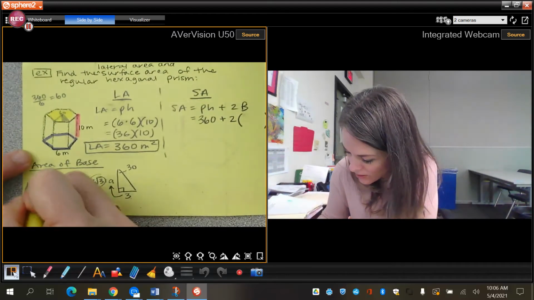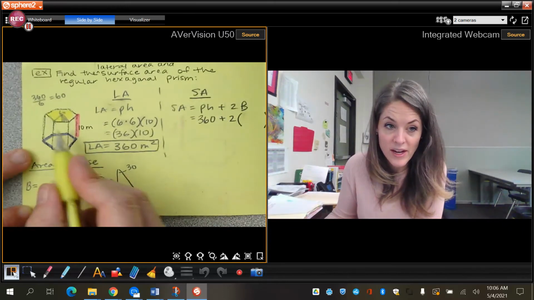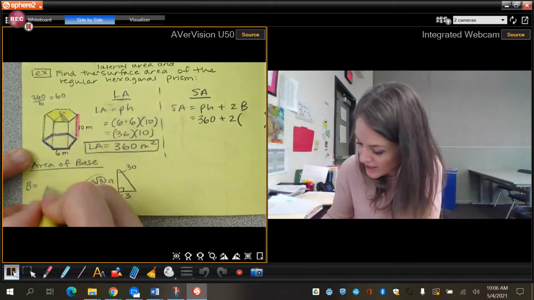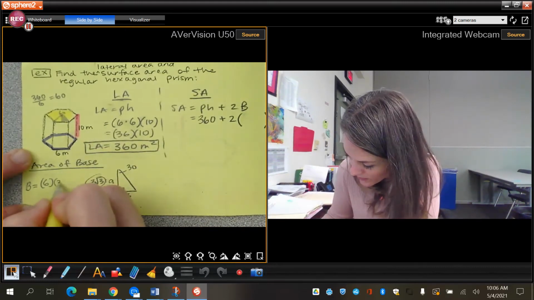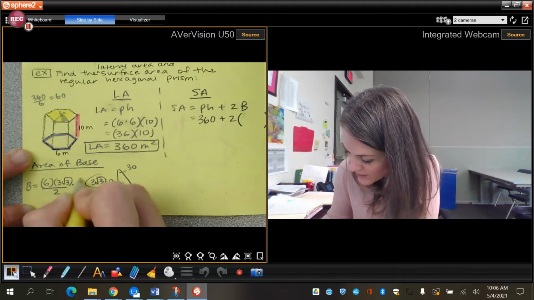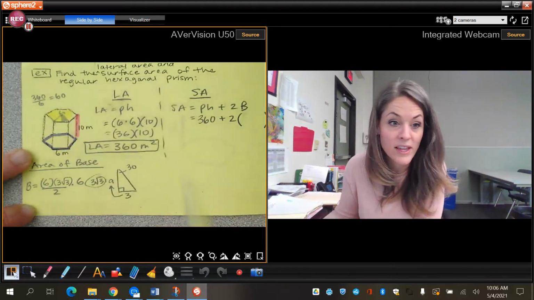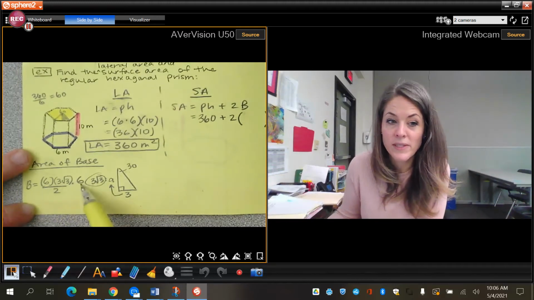Okay, so the area of the base, I'm going to do capital B, is the area of this triangle. So base is 6 times the height, I now know is 3 root 3, divided by 2, times 6 of those triangles to get the hexagon. Okay, so here I'm just doing the area of the triangle times 6.